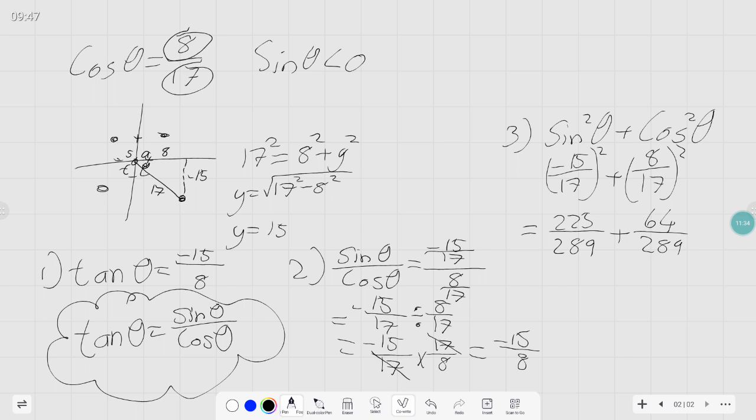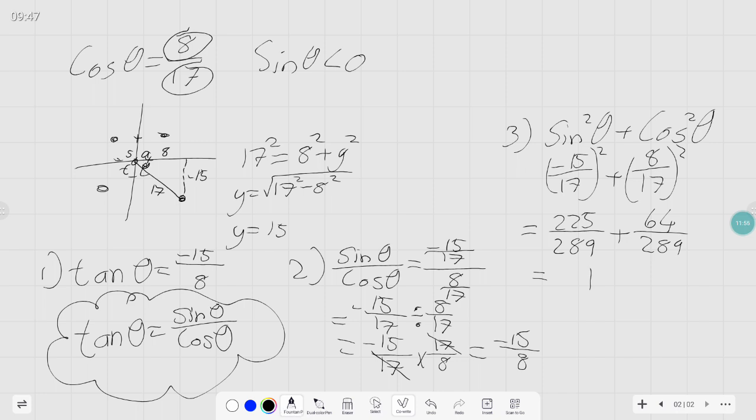Now what happens if I add these two together? What will that give me? 225 plus 64 gives me 289. 289 divided by 289 gives me 1.